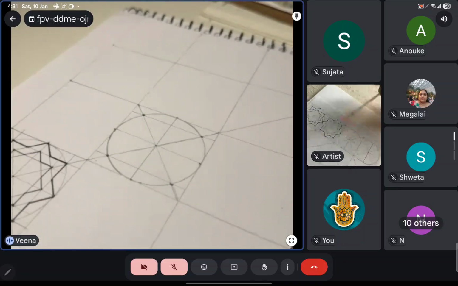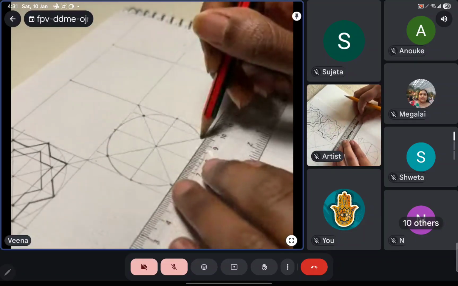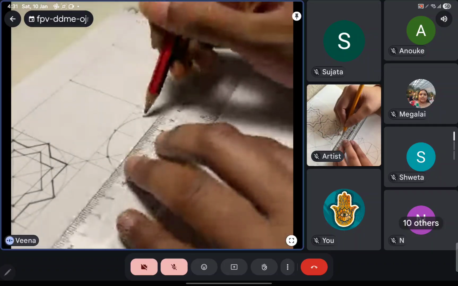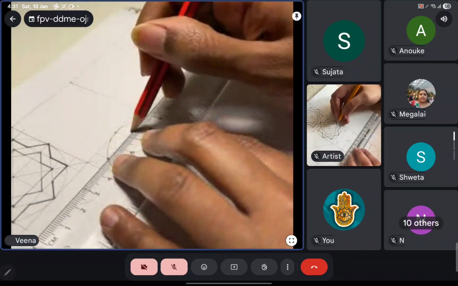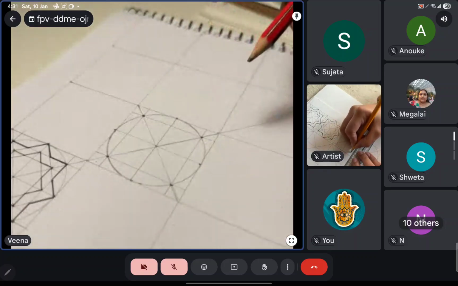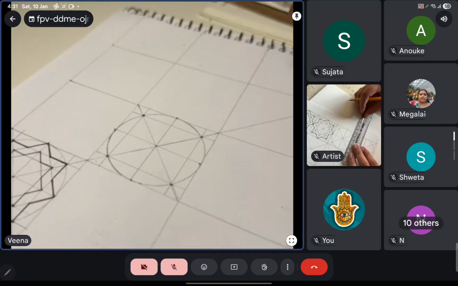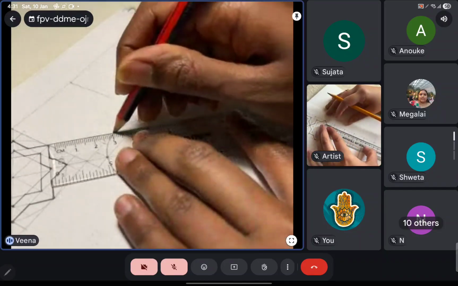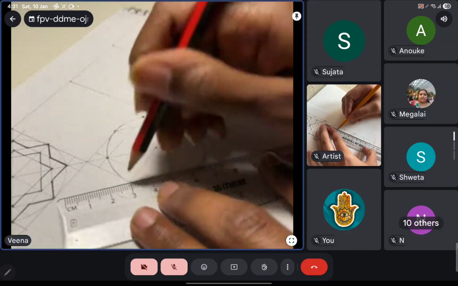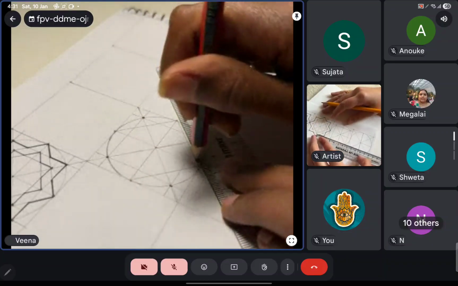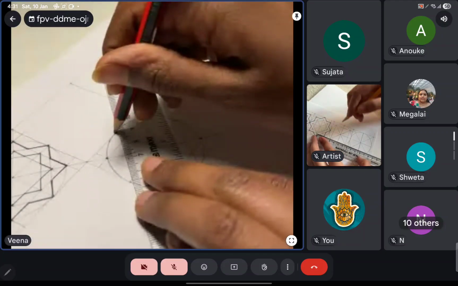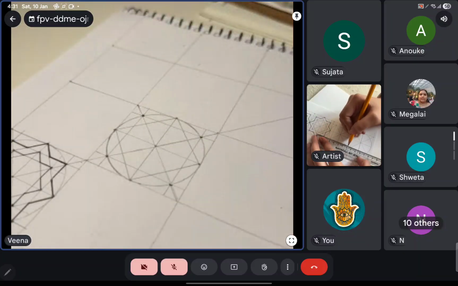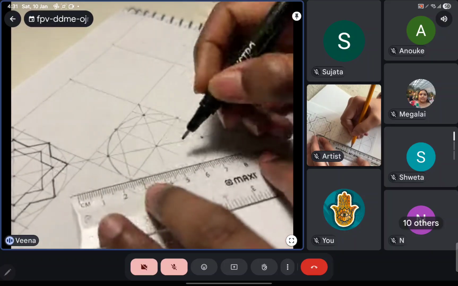So don't worry about that. And then the diagonal lines.